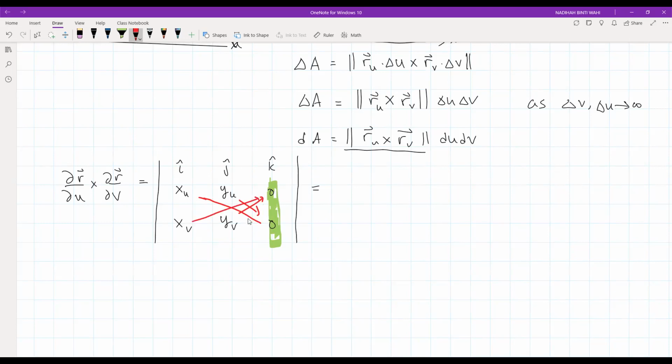So the only thing that is left is just K. So it will be just X of U and X of V, Y of U and Y of V. And so this is just K.